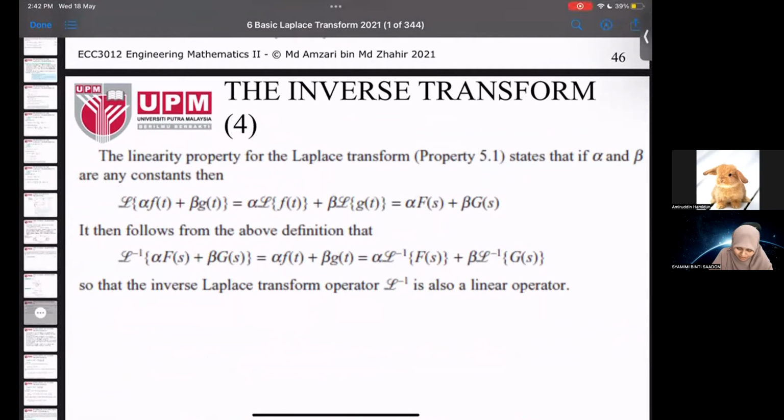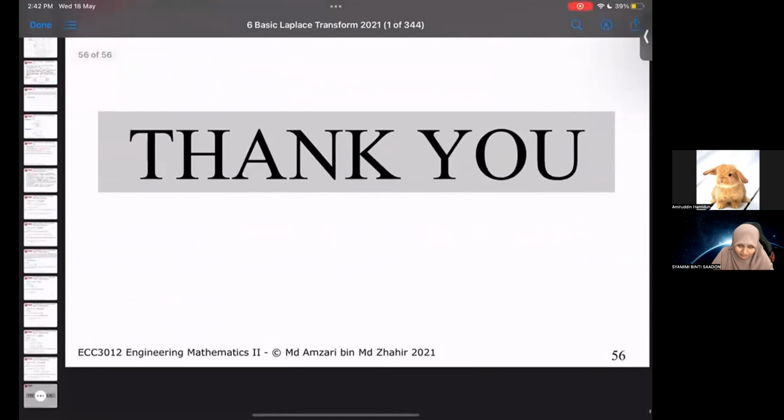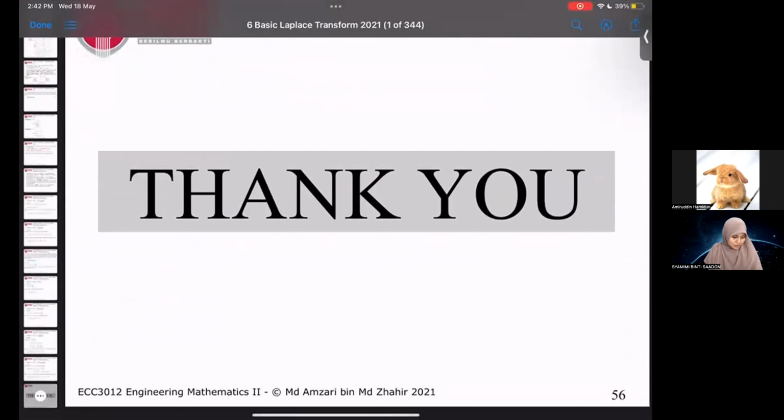Okay, so I think these are other examples, you can look at them. I think that's all, inversion and so on, examples for Laplace transform. So that is all for this basic Laplace introduction to what a Laplace transform is.